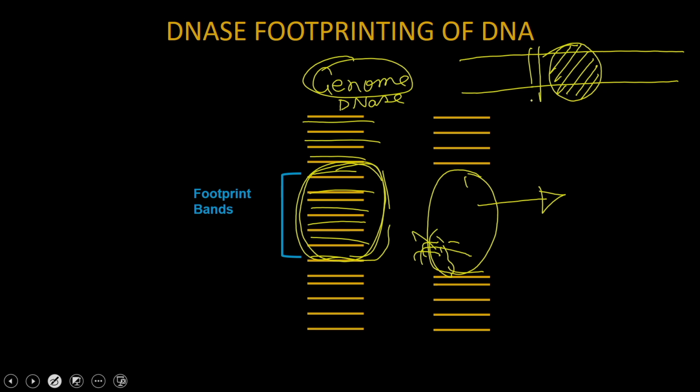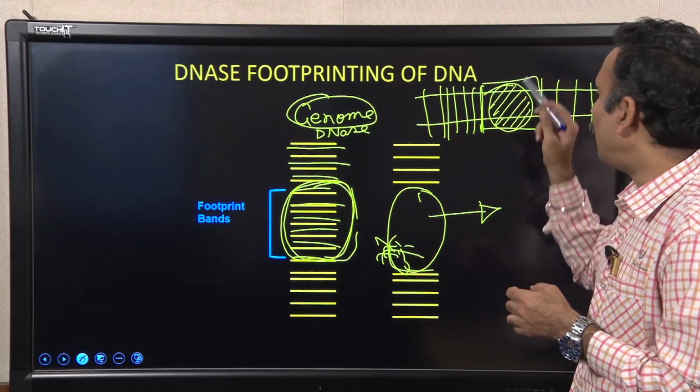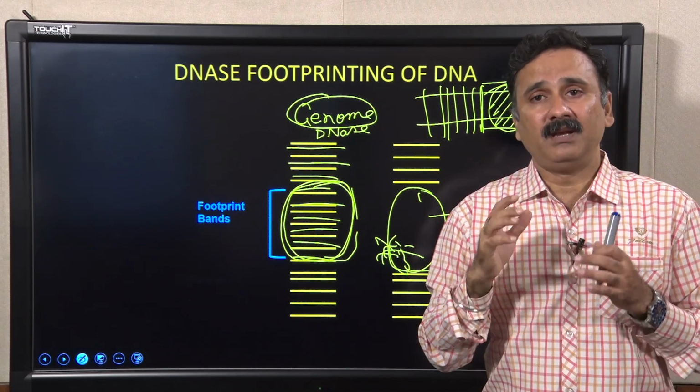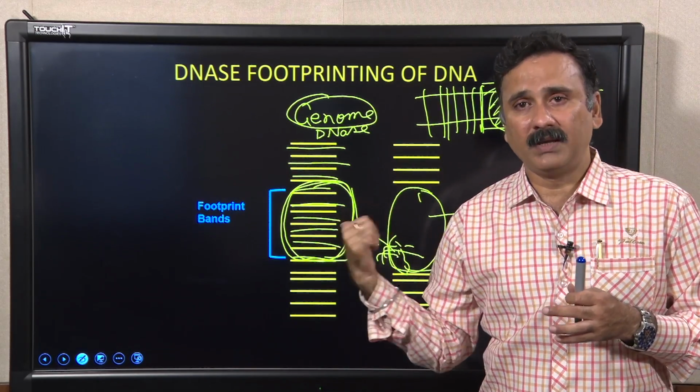If you cut this, it is going to give you this pattern because it is not being protected, but if it is protected then you will get all other bands except the band corresponding to this region. That is why this region can be identified simply by sequencing these bands, and you will be able to know which region of the genome is being bound by this particular protein.